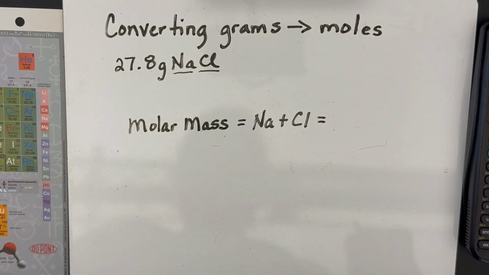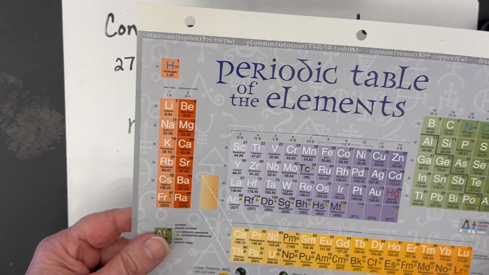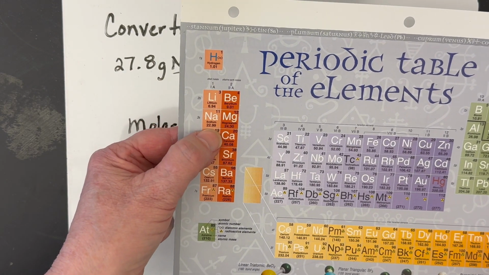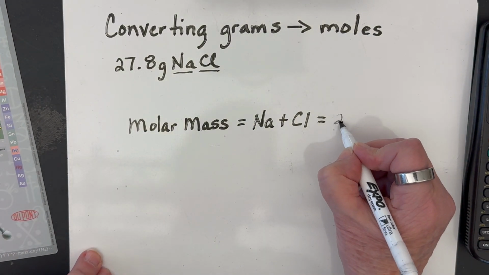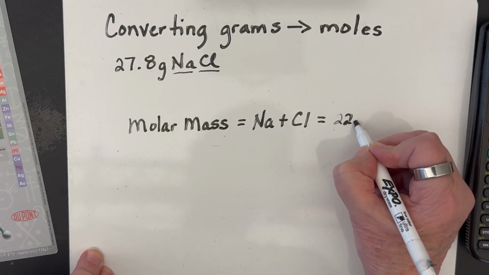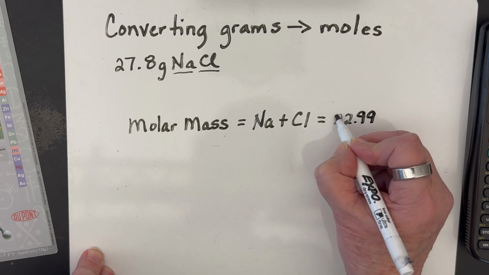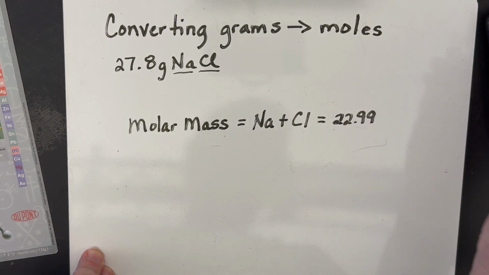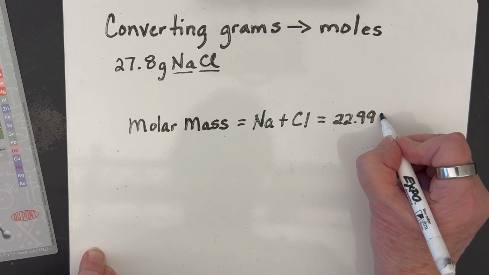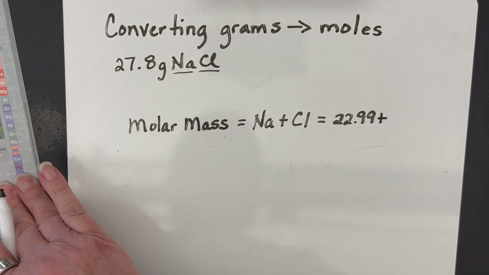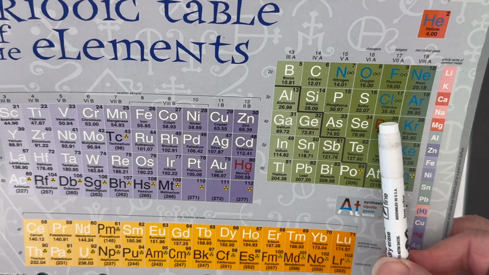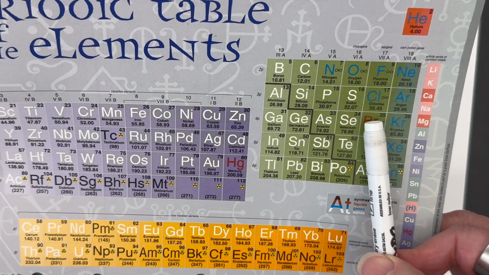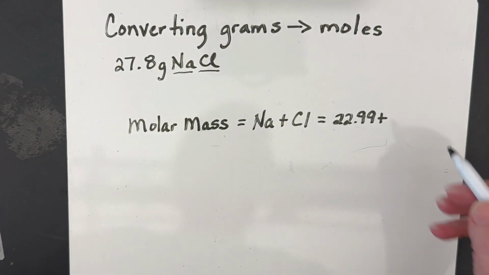So the mass of Na, when we look on our periodic table, Na is right there, 22.99. And the mass of Cl is over on the other side of the periodic table as a nonmetal. It's over here, 35.45.